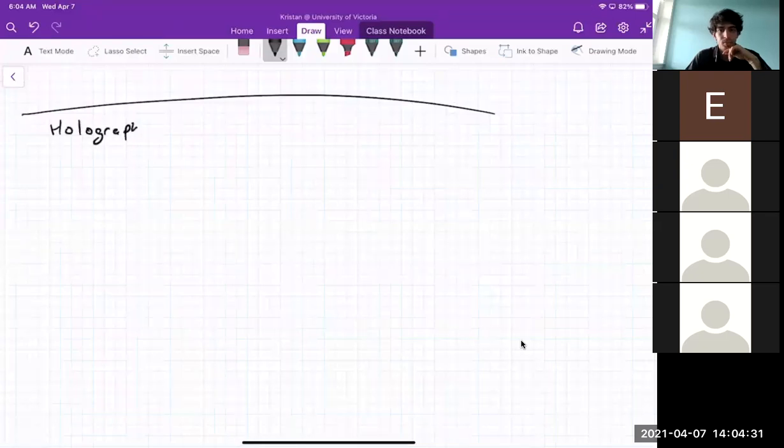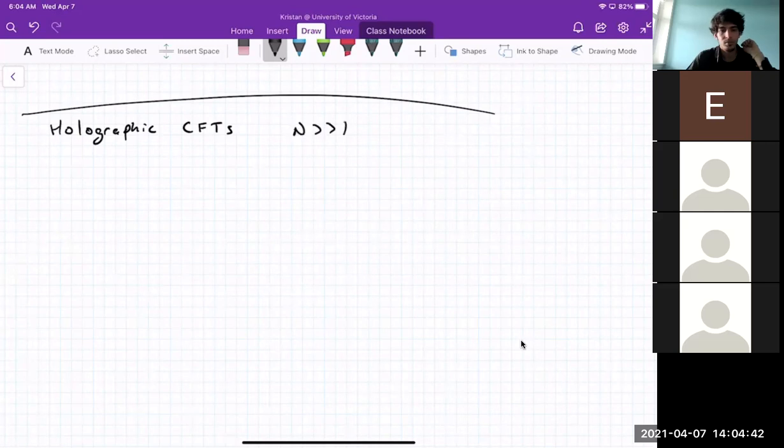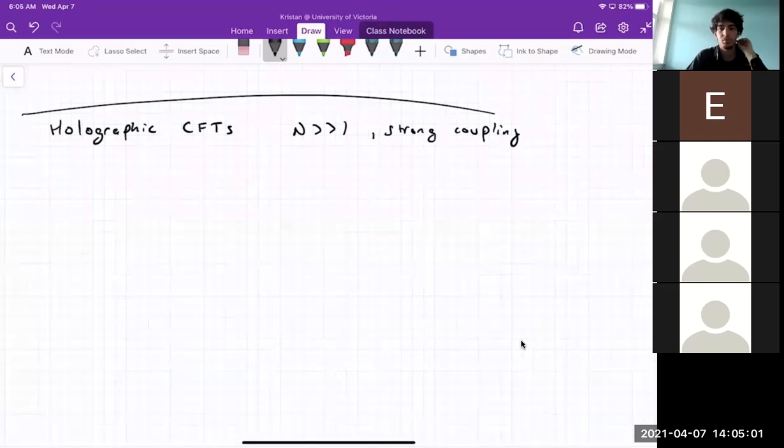These theories inevitably have something like a large N parameter, like the rank of a gauge group that is very, very large, and are also at strong coupling, in such a way that their physics is nicely encoded by that of quantum gravity in AdS space-time in higher dimension.